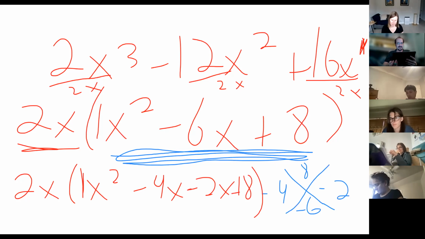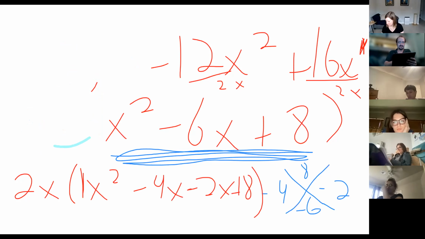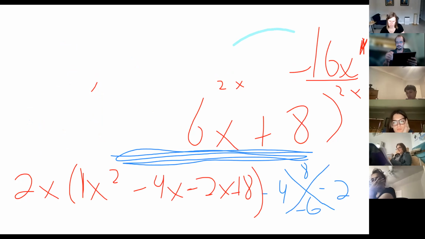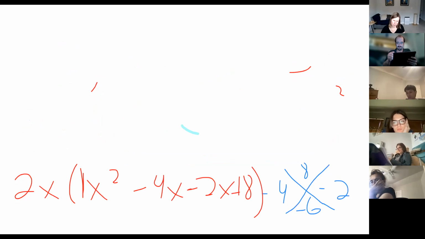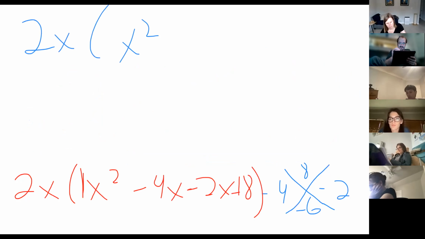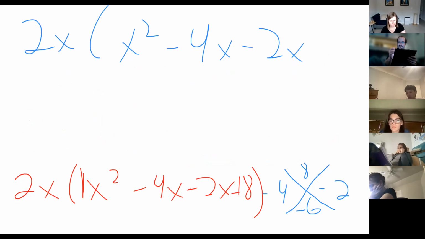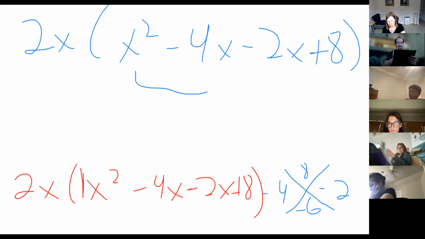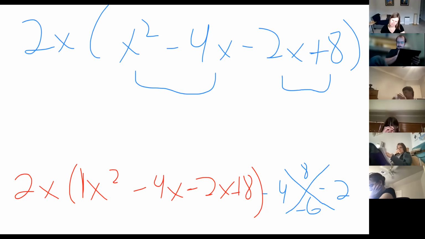I do it with the AC method. Okay, so I have a 2x. I have this thing I broke apart with the AC method, minus 4x. And if I break it apart with the AC method, what's the next thing I do? I have 4 terms now. Yes, one is minus 4, another one is minus 2. Yeah, factor by grouping.